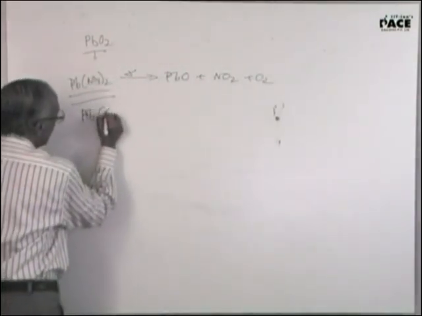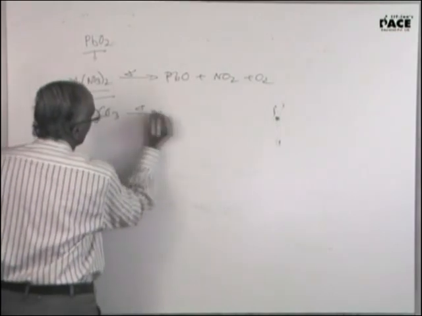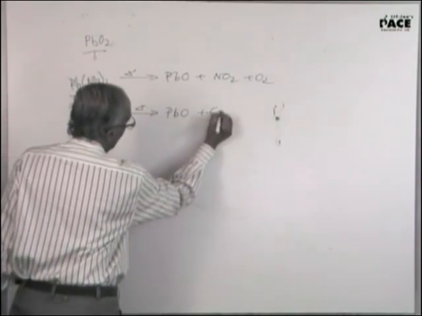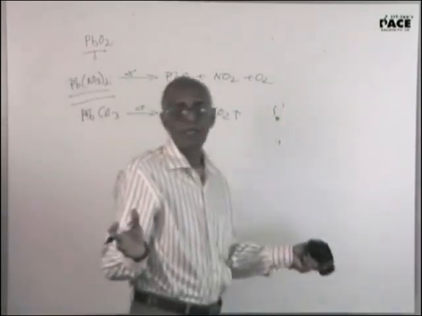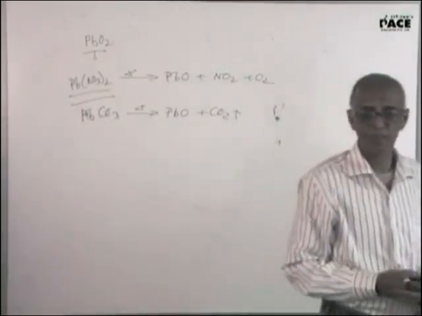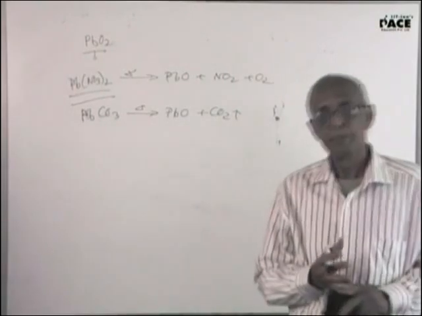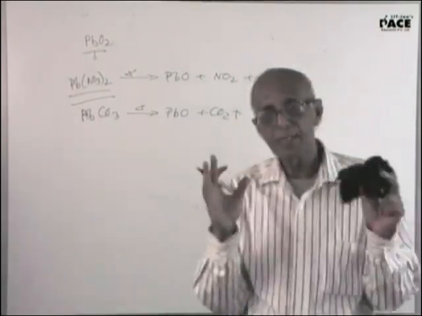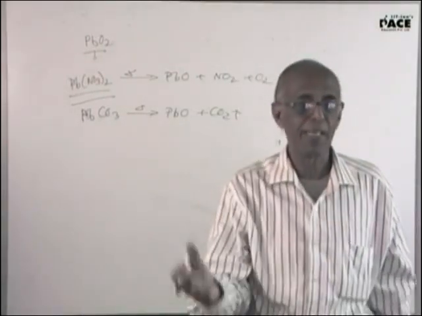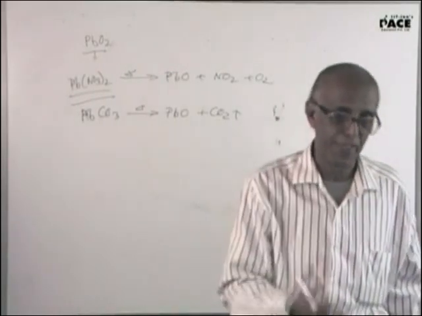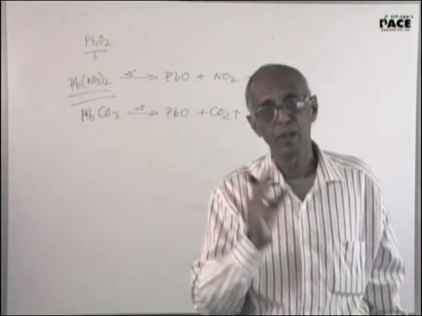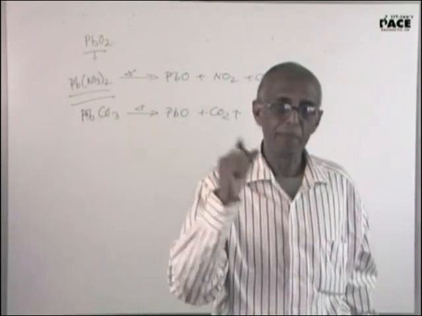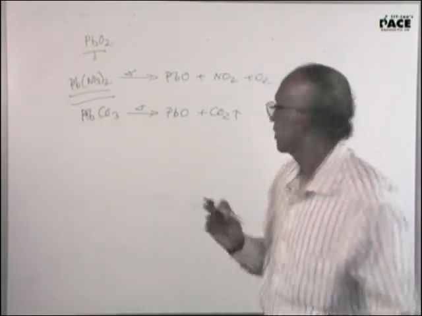Another is lead carbonate on heating gives lead monoxide and carbon dioxide. So these are the 3 methods by which you can prepare lead monoxide. Normally, heavy metal nitrates, like copper nitrate, barium nitrate, lead nitrate, give on heating nitrogen dioxide, oxygen and the metal oxide.